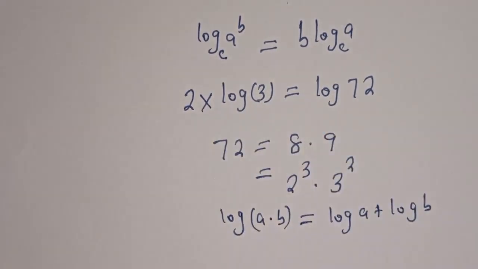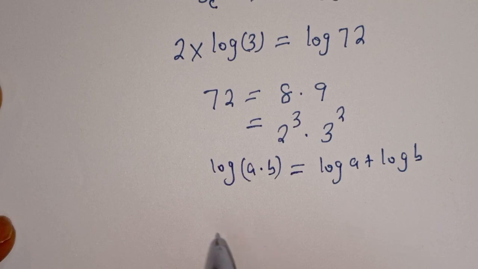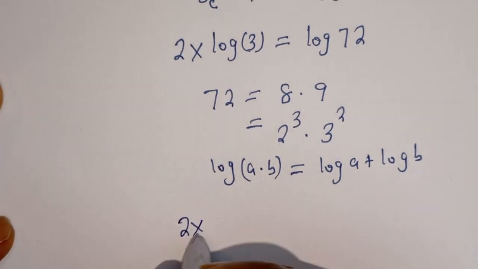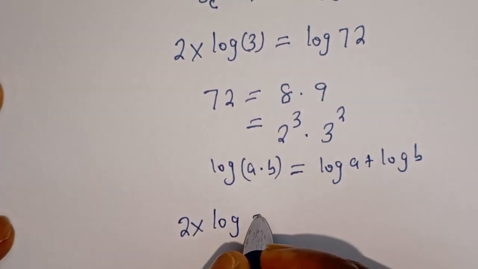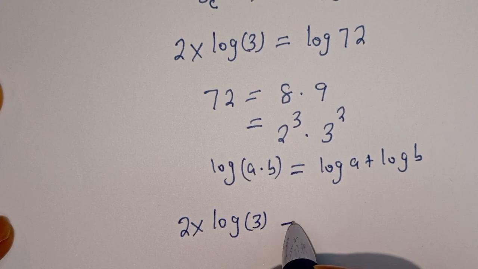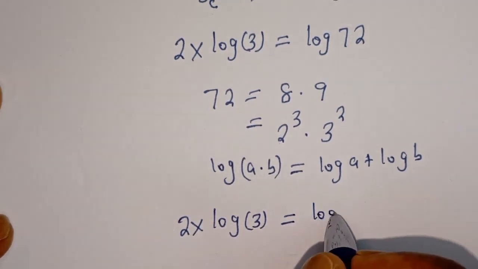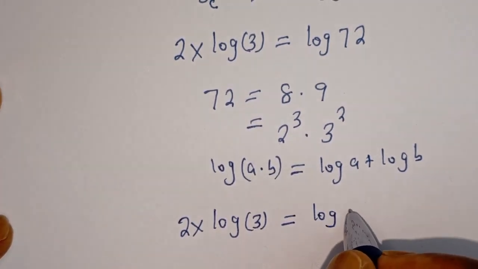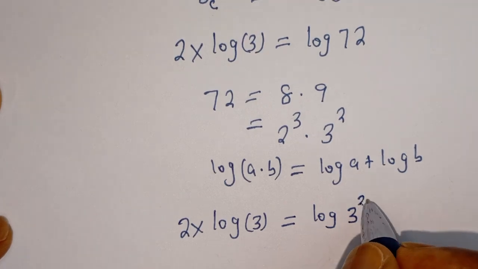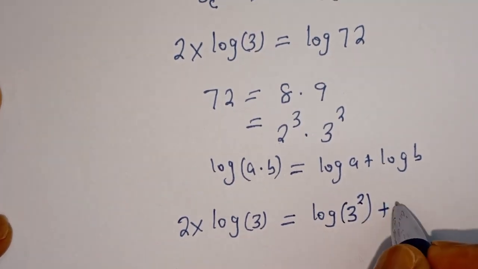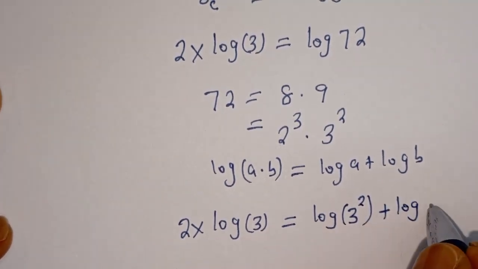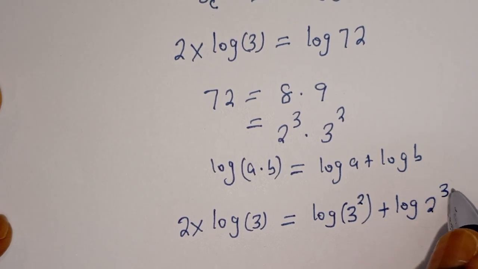This can be written as 2x log 3 is equal to log 3 squared plus log 2 to the power of 3.